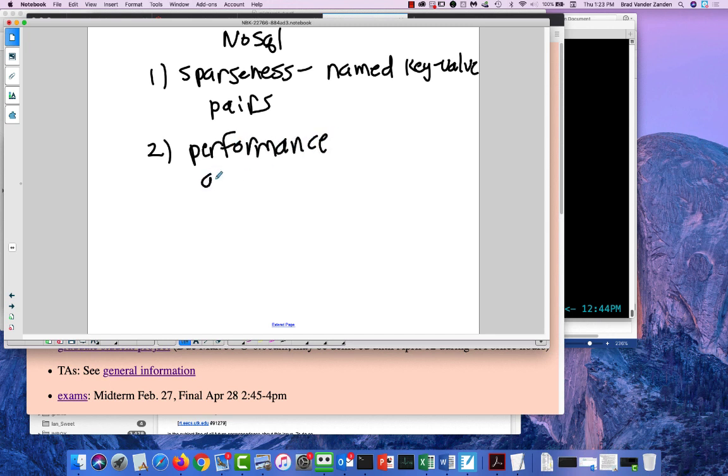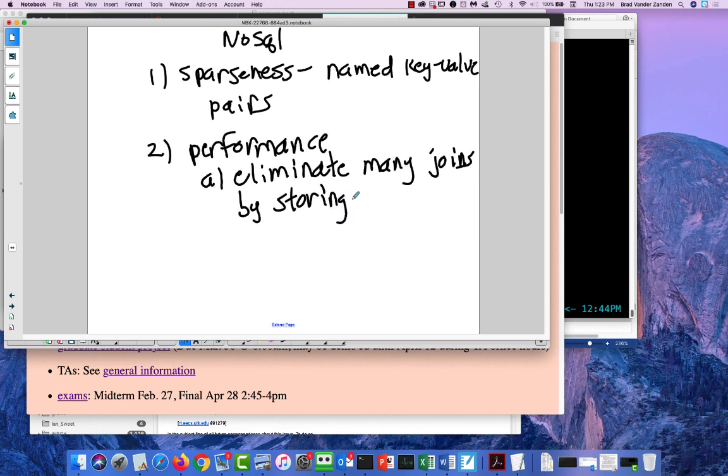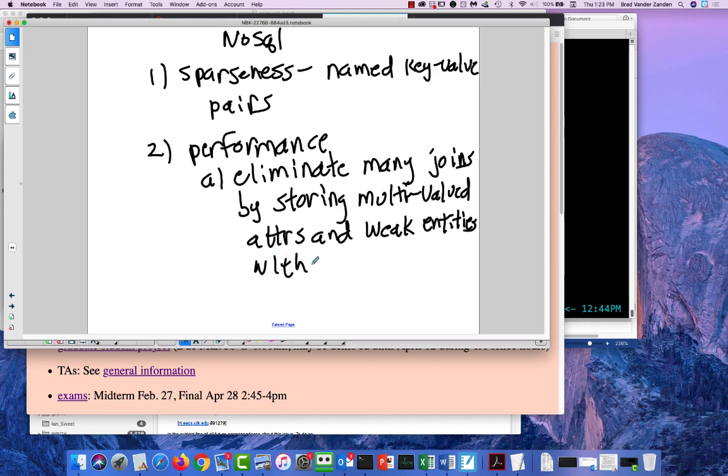One way is to eliminate many joins by storing multi-valued attributes and weak entities with the parent object.